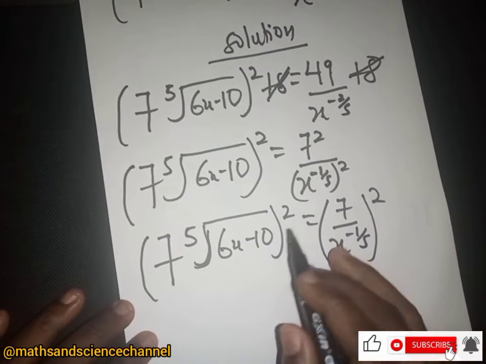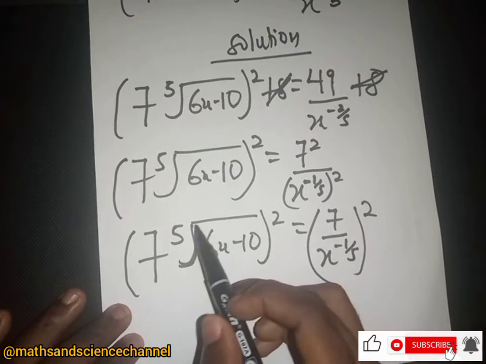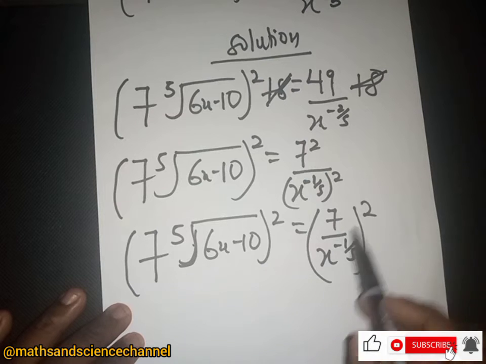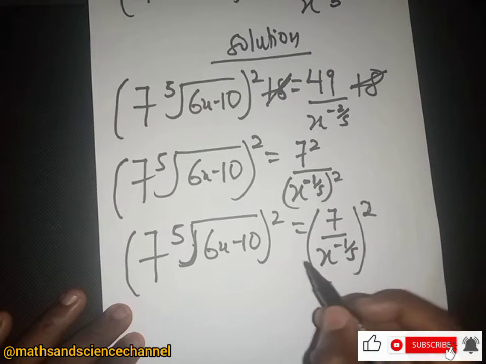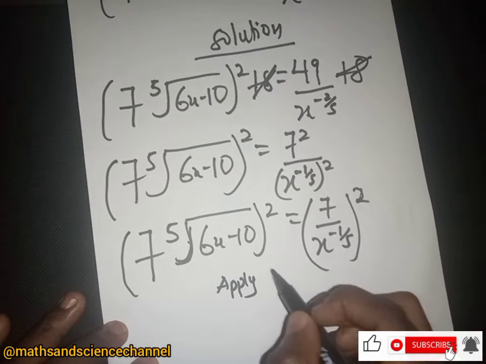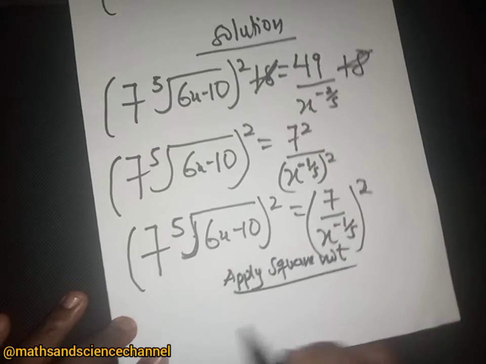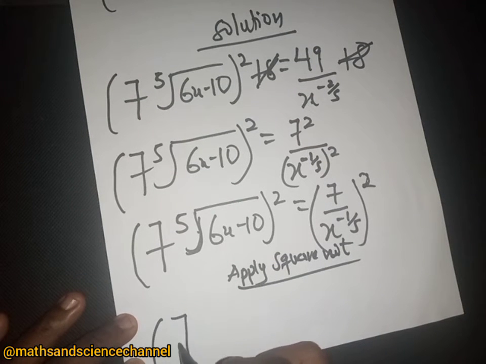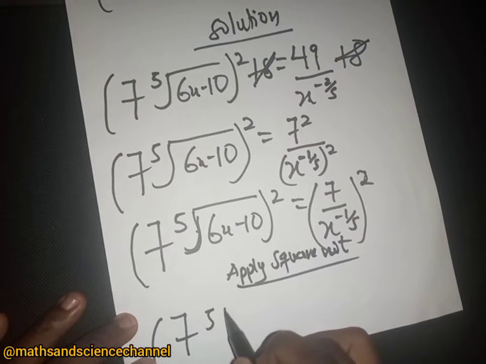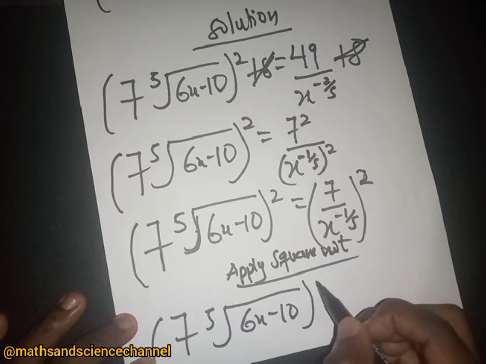So now since we have a square on both sides, what we have to do is to apply square roots in order to get rid of the squared here. So we apply square roots on both sides. Realize that when we apply square roots on both sides, we have the fifth root of 6x minus 10 squared.